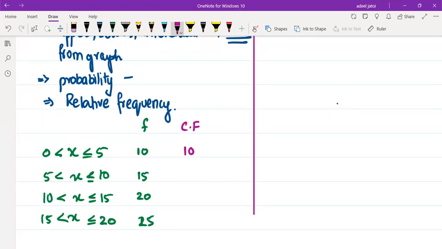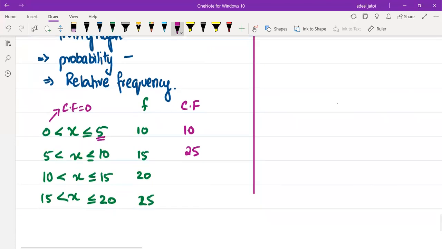Which means that it starts from 0. At 0, your cumulative frequency will be 0. But at 5, your cumulative frequency is the frequency itself, because that is the frequency at the end of this class width. Now, the next frequency for the class width is 15, but cumulative frequency will be 10 plus 15, which will be 25.